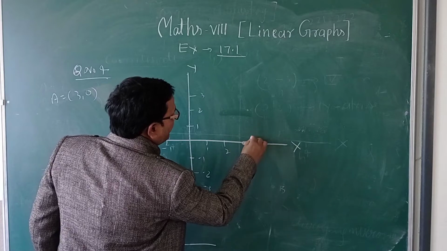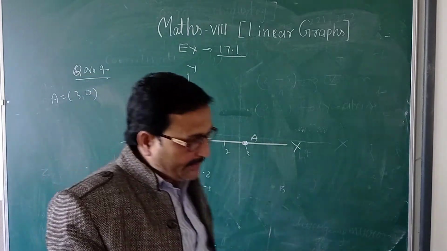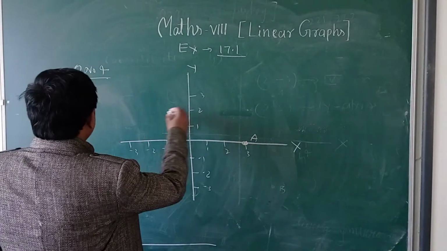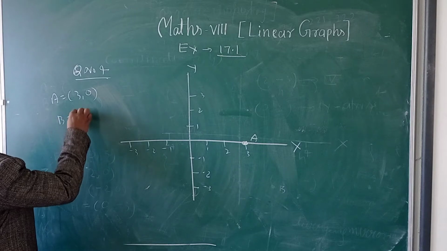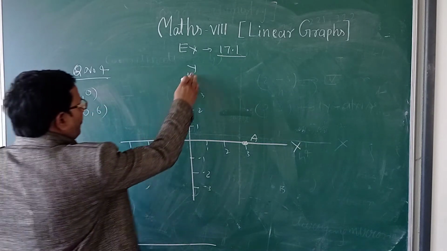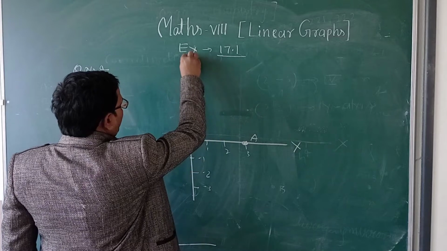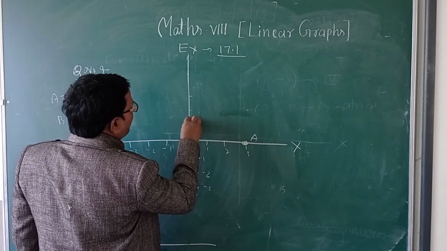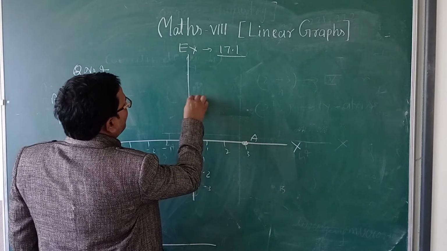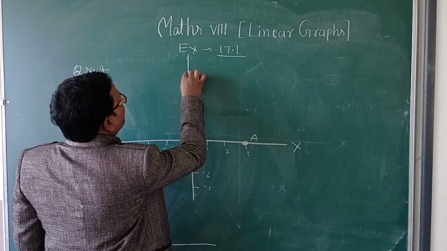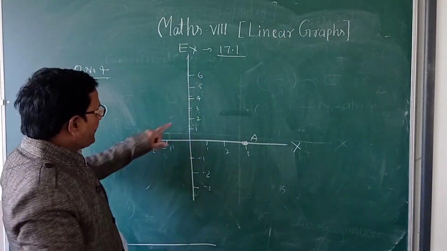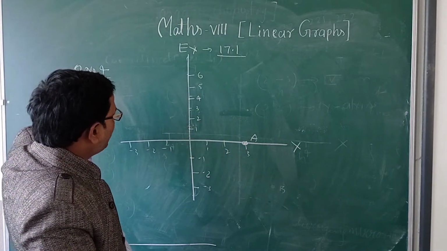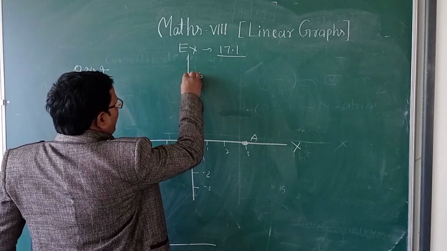This is point A. B is given as (0, 6): x value 0, y value 6. Mark 1 to 6. Don't change the scale: 1 centimeter is equal to 1 unit along the x-axis and y-axis. Your scale will be there. This is point B.